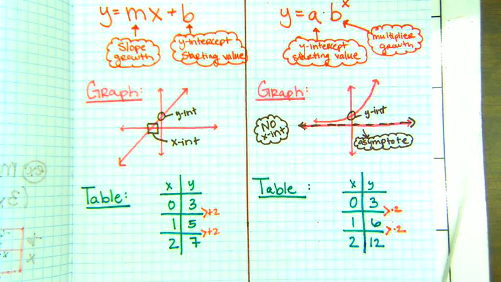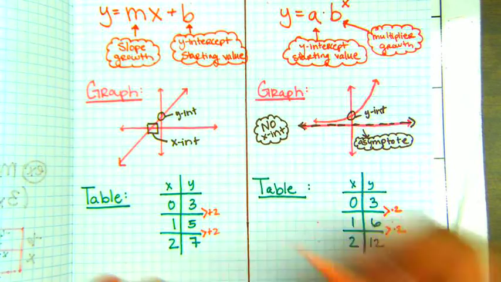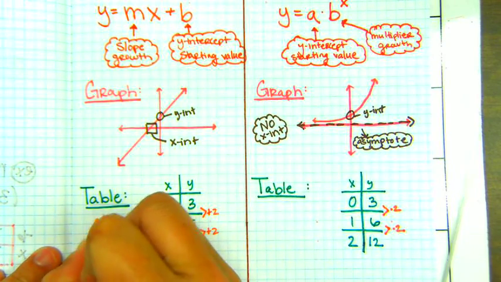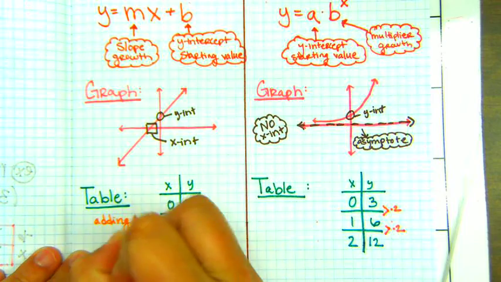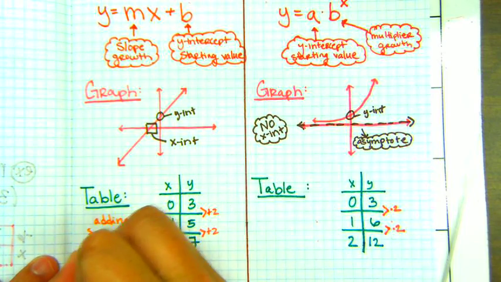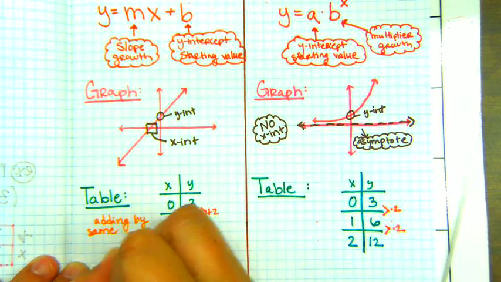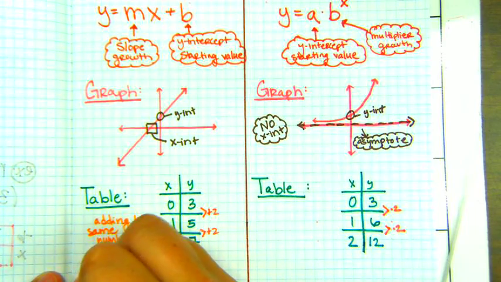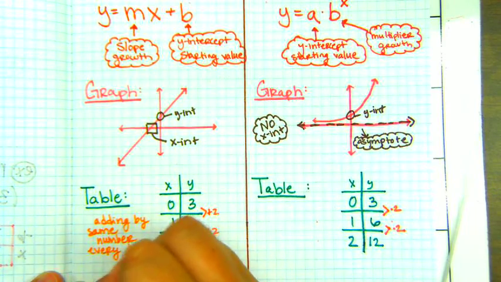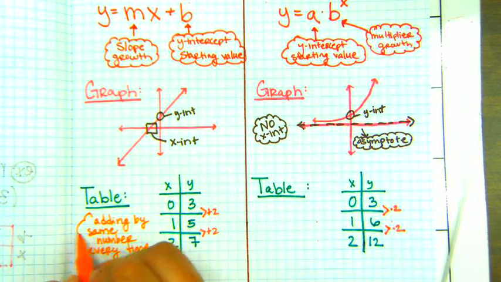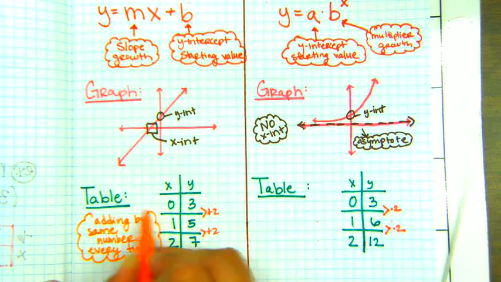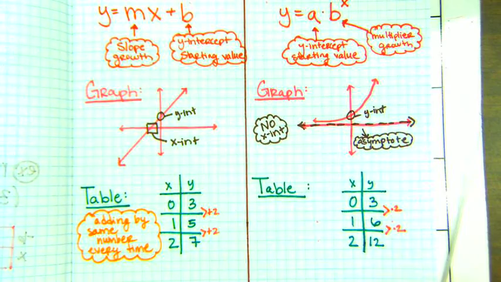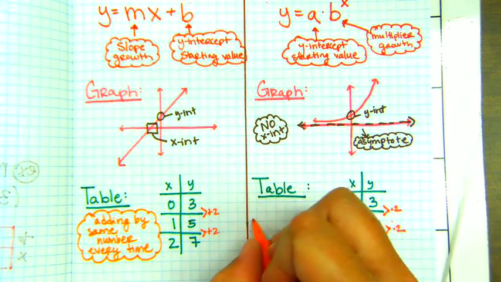So that's the difference here. This one, you're adding by the same amount every time, and this one, you're multiplying by the same number every time. Adding by the same number every time. And over here, you're going to be multiplying by the same number every time.